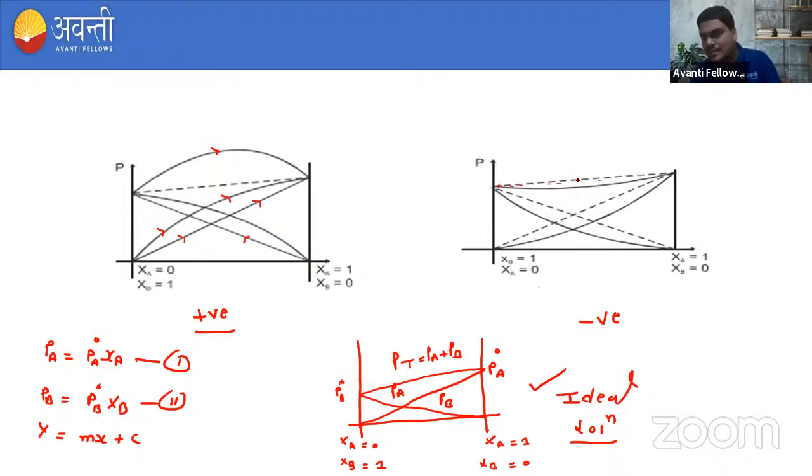In negative deviation, pressure decreases, so just draw the curve below this ideal line. This dotted line again, just below this. So this is how you represent the negative deviation and positive deviation.